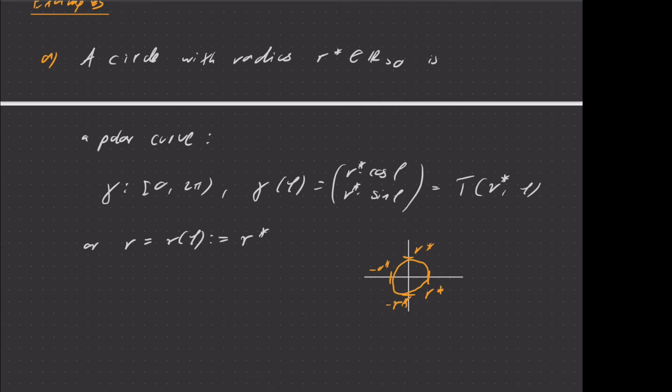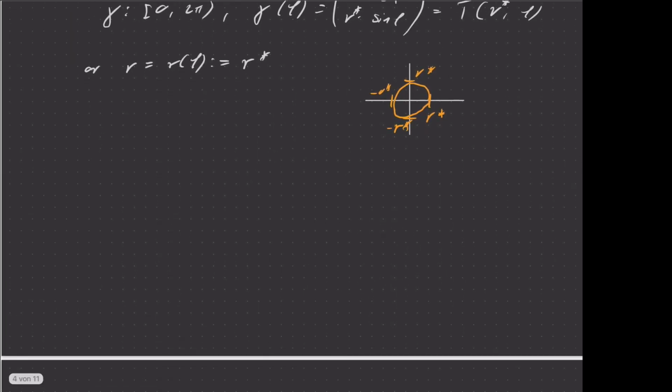Another possible example for a polar curve that looks a little more interesting is the so-called rose petal curve.